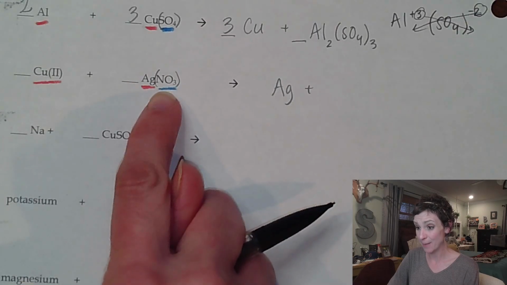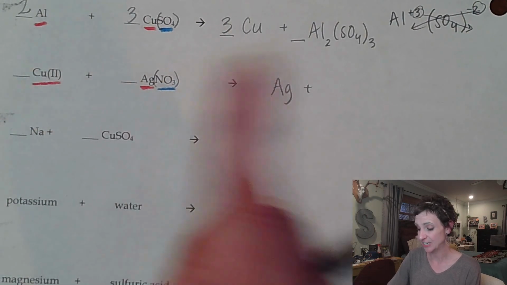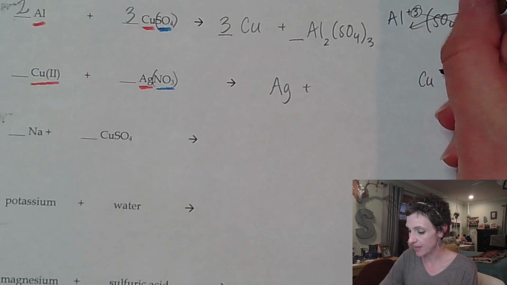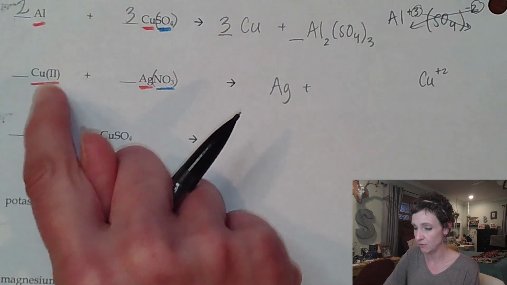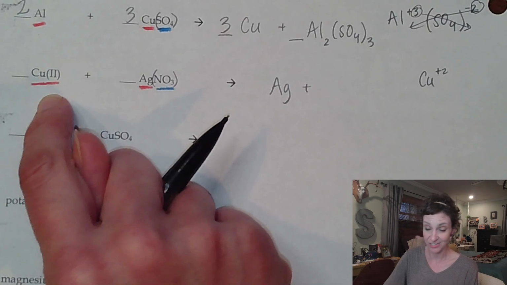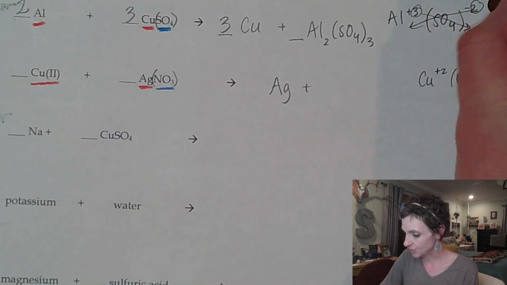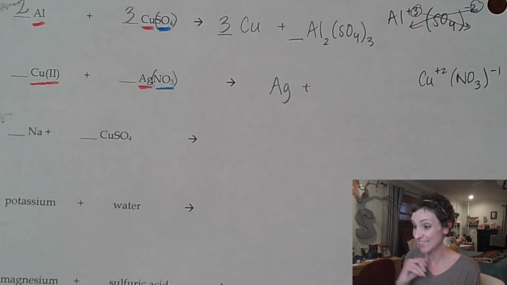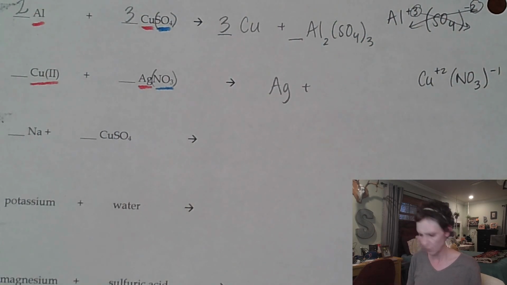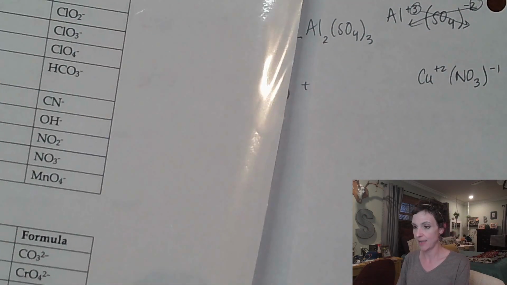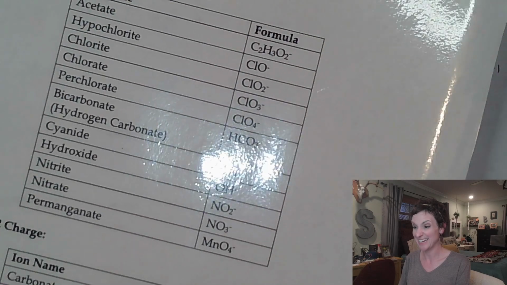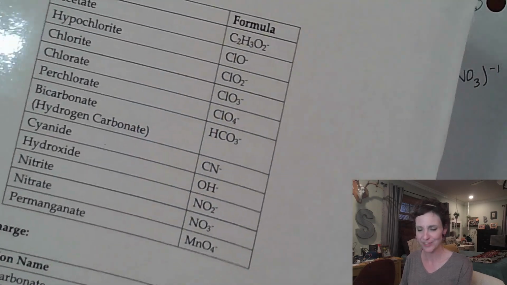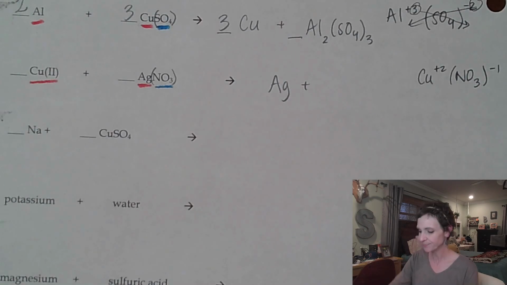Copper is now going to make a brand new couple with nitrate, setting up a crisscross with the +2 charge that copper has that I let you know. And nitrate always has a -1 charge. So yes, if y'all want to get out your list of polyatomic ions, I have my list handy, so I need to remember what the charges of these guys are, right? Okay.